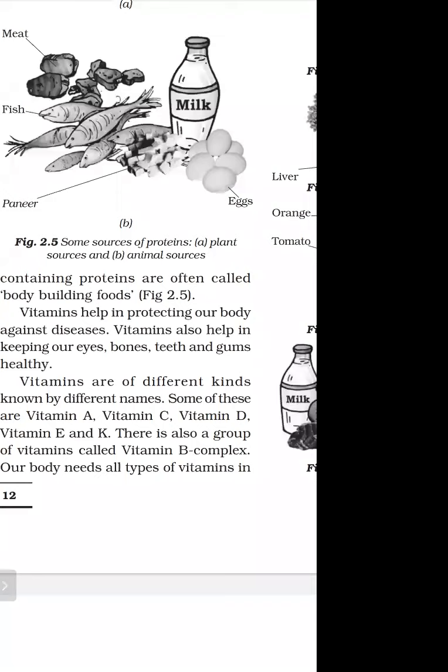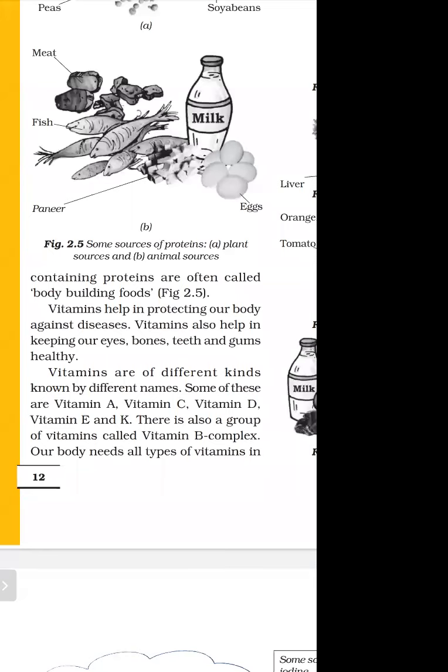Vitamins and minerals will provide power to fight the disease. So vitamins and minerals are called protective food, and they also help to keep our eyes, bones, teeth, and gums healthy.